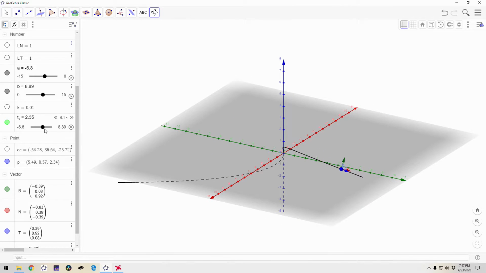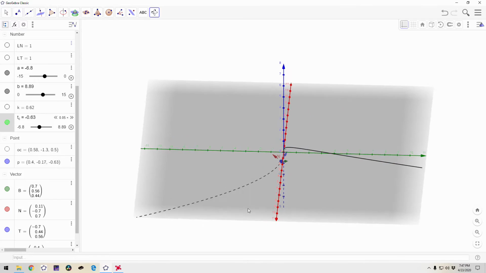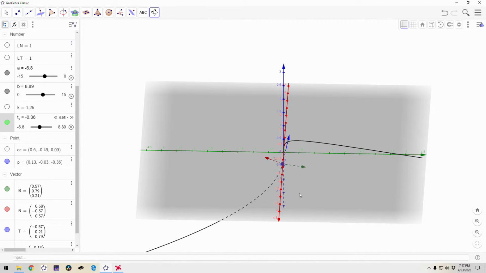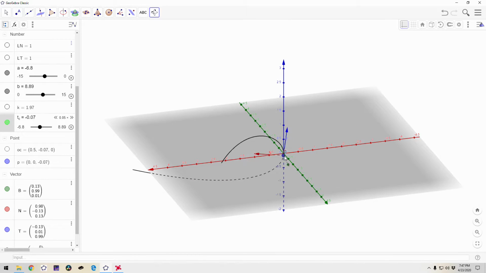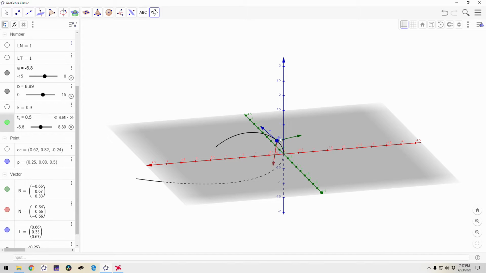Let's see that one more time. Watch it twist around. Right? Tangent vector pointing in the direction of the curve, normal vector pointing in the direction that the curve is turning, and then the B vector for the twist.